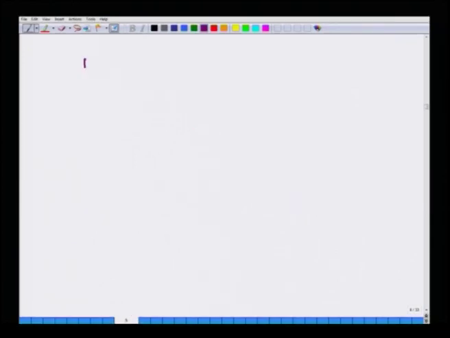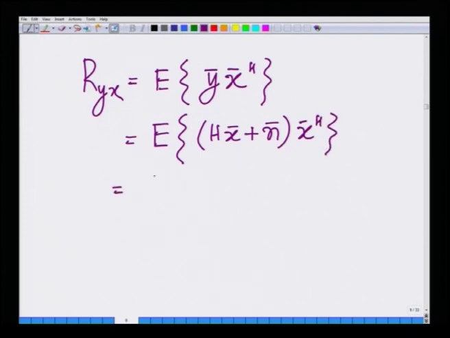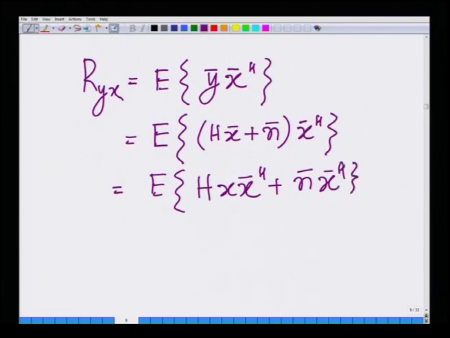We can see Ryx equals expected y bar x bar Hermitian, which is nothing but expected (H x bar plus n bar) times x bar Hermitian, which is nothing but expected H x bar x bar Hermitian plus n bar x bar Hermitian.